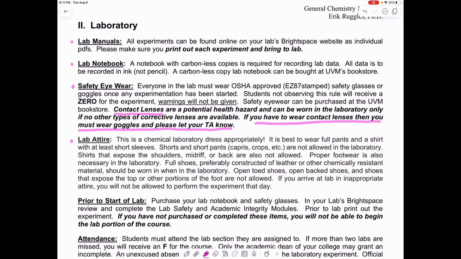Another important feature is lab attire. We have to be dressed appropriately. So we want full pants and a shirt with at least short sleeves. Shorts, short pants like capris are not allowed. Shirts with skin exposure like shoulder exposure, midriff, or back exposure are also not allowed. This is from a safety aspect because when chemicals get on your skin, they react.